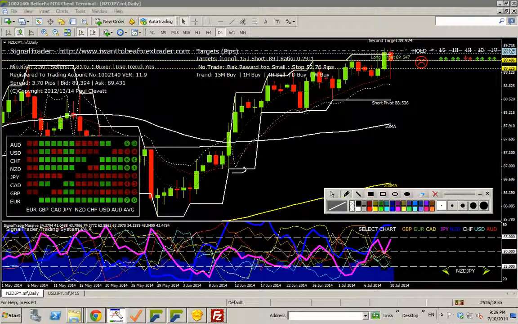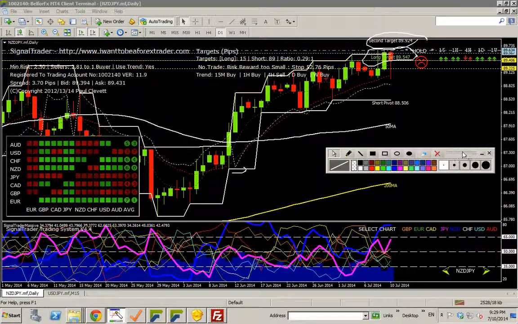There's a first target there, which is actually broken through, and there's the second target. In fact, it broke through it and came straight back down again. The robot uses the SignalTrader trading system, and it uses fractals to calculate those targets.